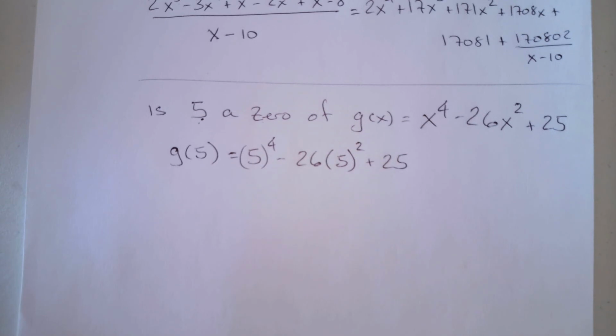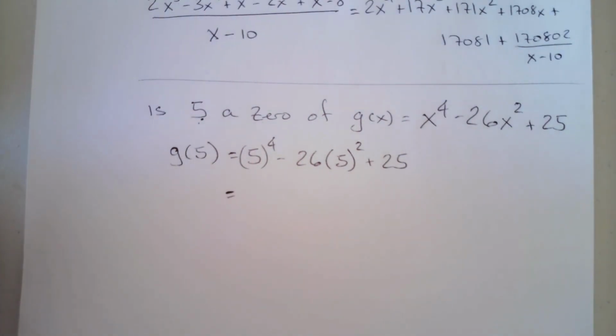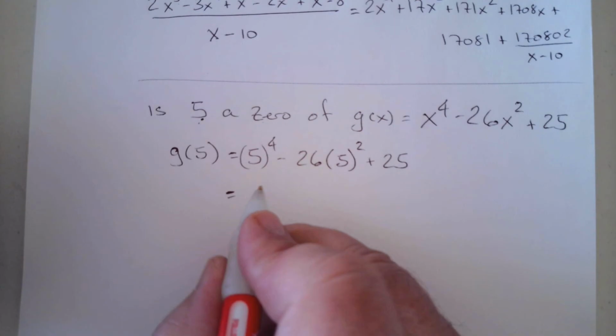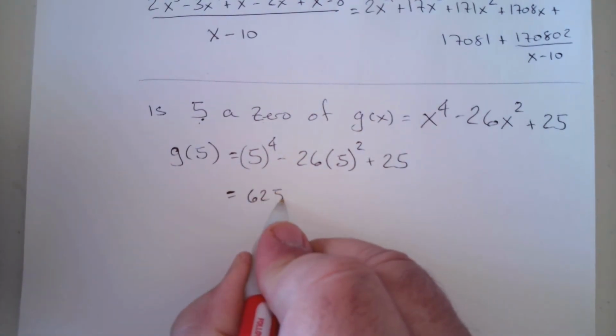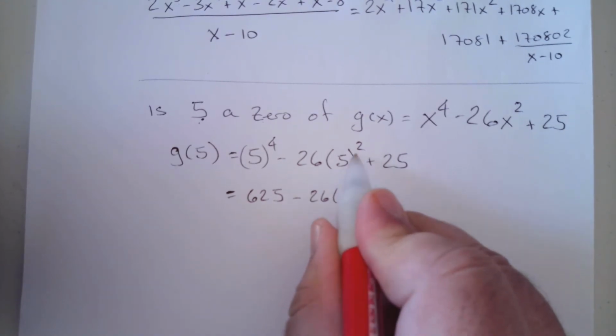All right, so for simplicity purposes, and so we can speed this whole process up, let me use a calculator here. So I have 5 to the 4th equals 625. 5 squared is 25.